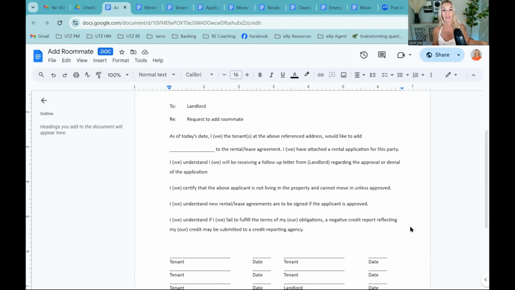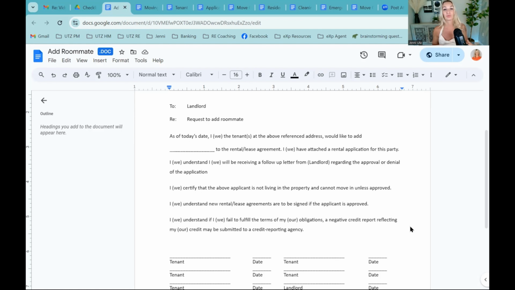All 3 of them will get a failure to pay eviction notice if one of them doesn't pay. So we can't just say, oh, because this one tenant didn't pay, the other 2 did, we're only going to go after that tenant. No, if they're all signed parties of the lease, it doesn't matter who's paying. It just needs to get paid. So they can have an inside agreement, but that doesn't affect us.